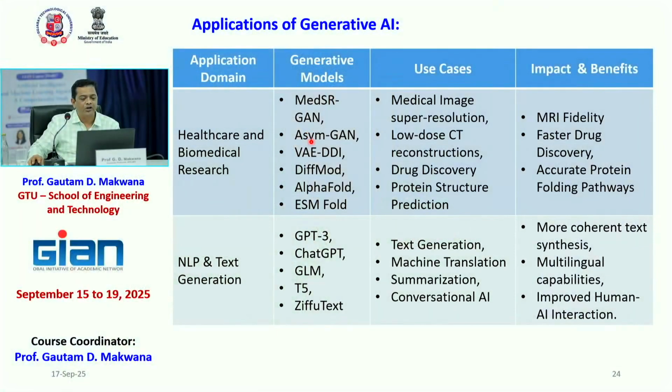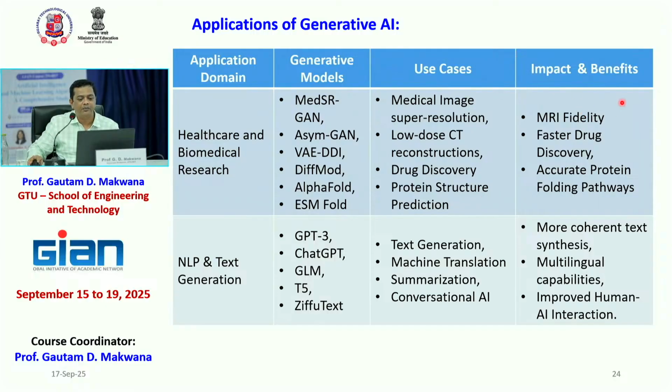These are the applications of generative AI in healthcare and biomedical research. Generative models are used, along with newer models like AlphaFold and ESMFold. Use cases are medical image super resolution, low dose CT reconstruction, drug discovery, and protein structure prediction.